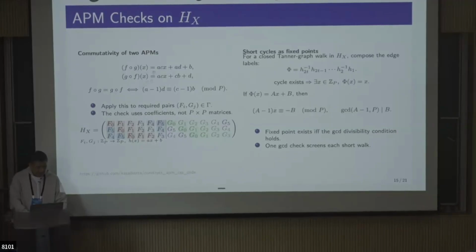Assume we are given two APM matrices defined by two affine maps, F(x) and G(x), where F(x) is defined as Ax plus B, and G(x) is given by Cx plus D. The condition for the commuting of two given affine maps is if and only if these arithmetic equations are satisfied.